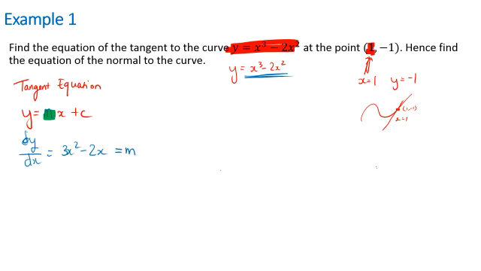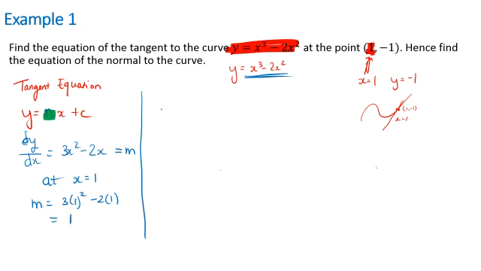So in order to find out the gradient, you've got to find it at that point, which is at x equals 1. At x equals 1, my derivative, which is my gradient, is equal to 3 times 1 squared minus 2 times 1, which actually equals 3 minus 2, which is 1. So that just tells me m is 1.